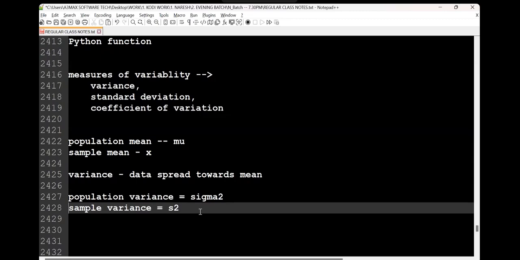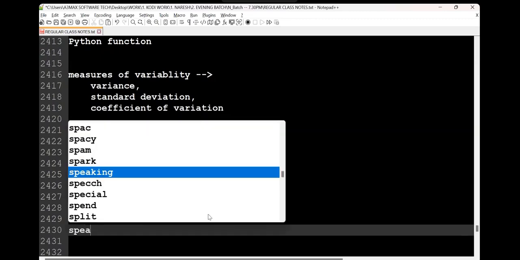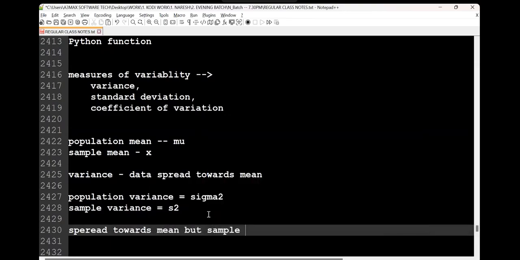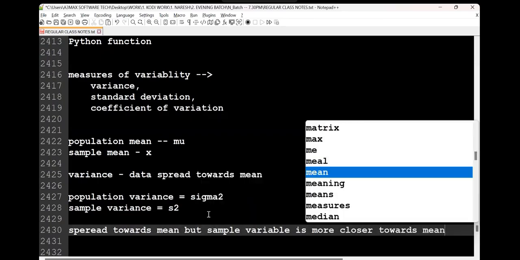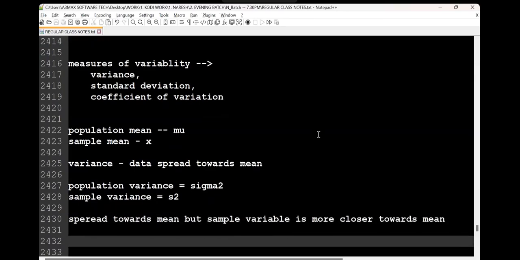Both population variance and sample variance are spread around the mean, but sample variance is closer to the mean. Understand? Okay. Next one.